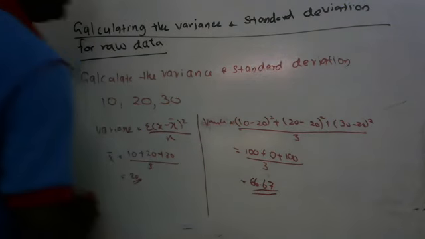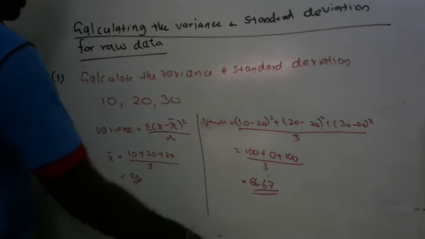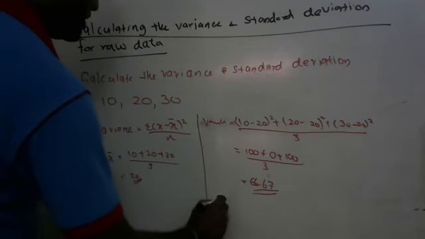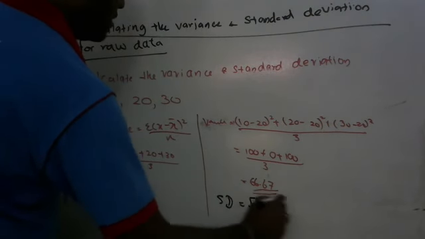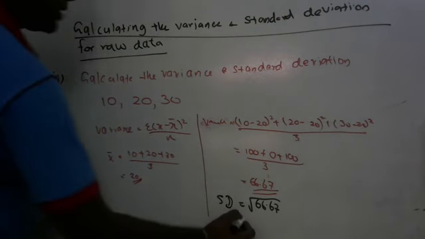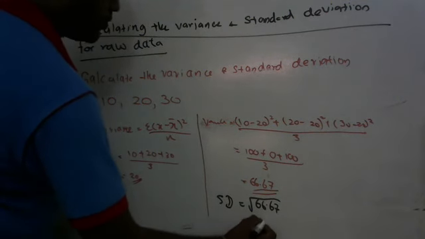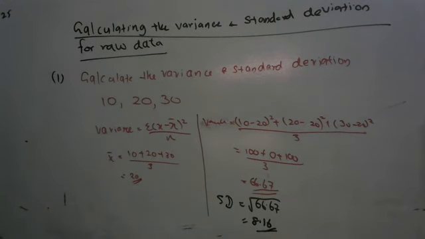That is the variance. After that we calculate the standard deviation. SD is the square root of the variance. The square root of 66.67 is 8.16.